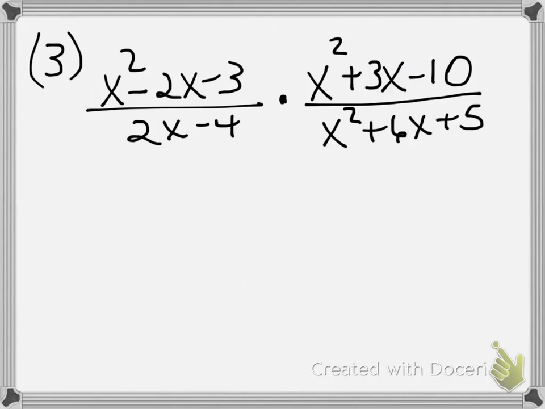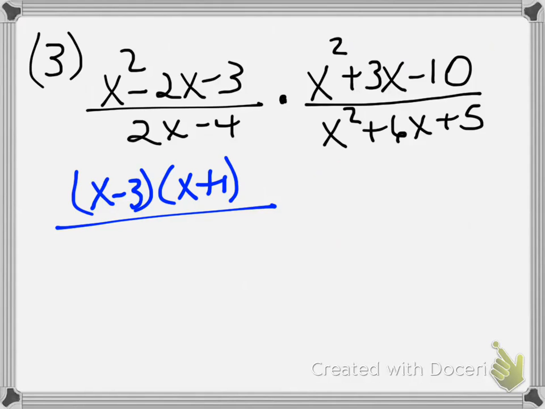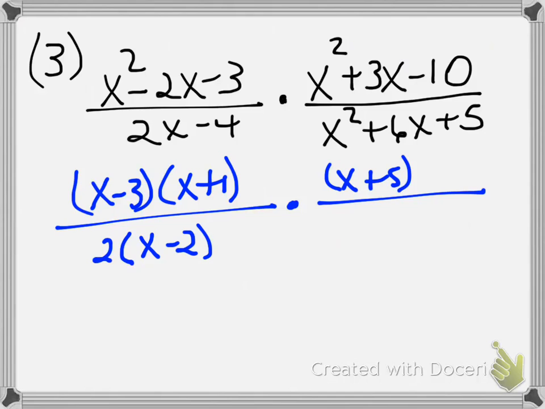Number 3, I'm going to have x minus 3 times x plus 1 in the numerator. 2x minus 4, they're both divisible by 2. When I take that out, I'm left with x minus 2 times x plus 5 times x minus 2. That will give me, add up to 3 and multiply to negative 10.